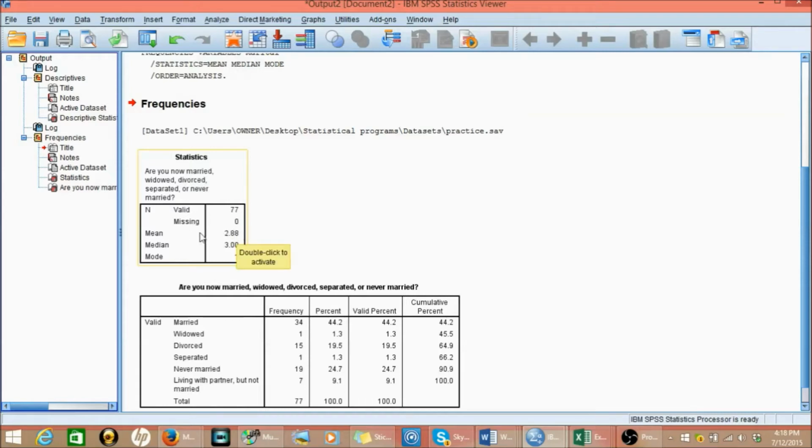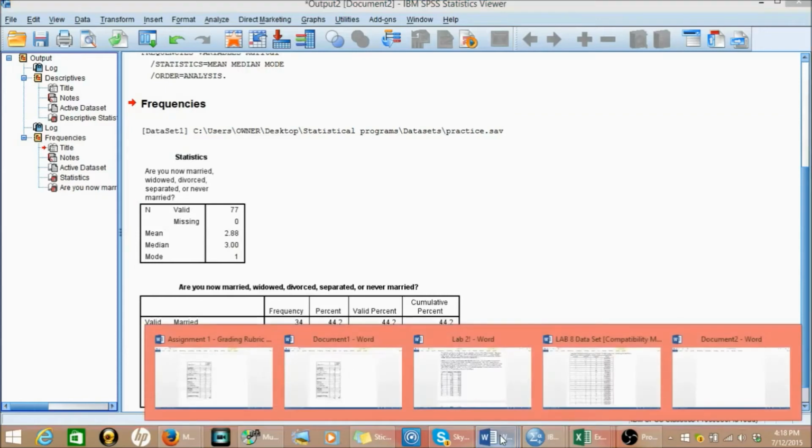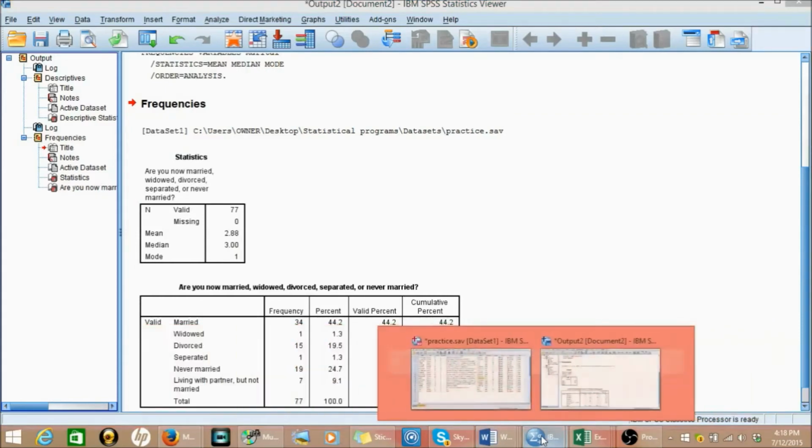So why we don't want the mean, I don't know if anyone can recall this back from our earlier days of stats, but we really don't want the mean because what we have is 77 people that responded whether they were married or single or divorced, but it's a scale that numerically has been made up just to represent.